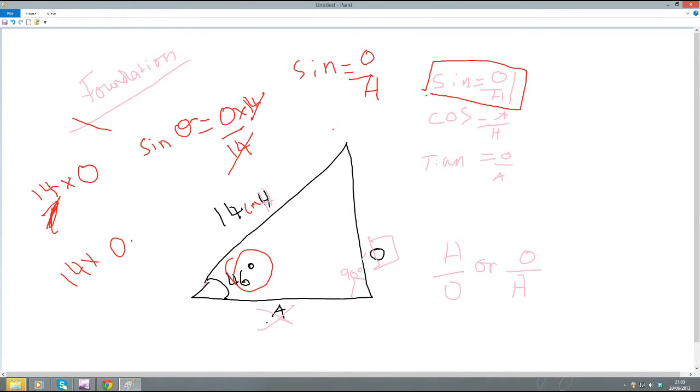You could round it up if you wanted to. 10.07, you can round it up, but you never round down, and I'm sure you obviously know why. So you could round it up, but I'm not going to, so I'll write 10.07.